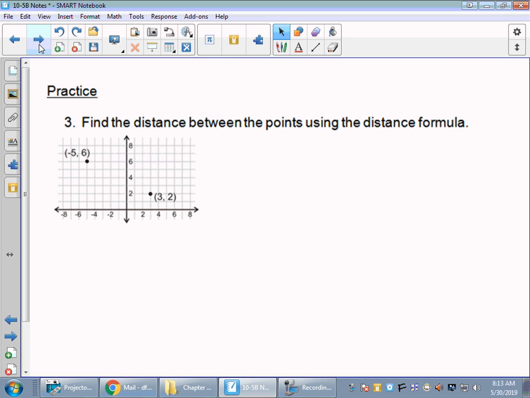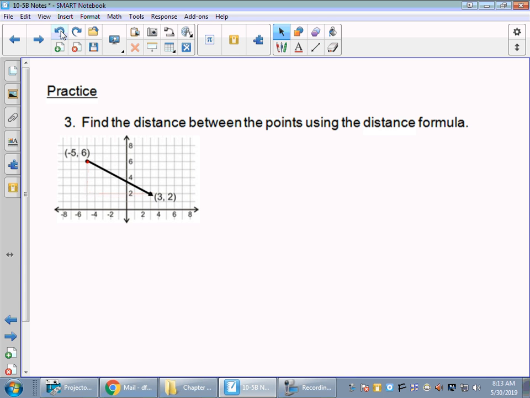So let's do an example here. Let's try this one here. Find the distance between the 2 points using the distance formula. Okay, so if I just draw the line here between these two, okay, there we go. Now you could actually do the same thing and use the Pythagorean theorem. Draw a triangle here to here and use the Pythagorean theorem, or you could use the distance formula.